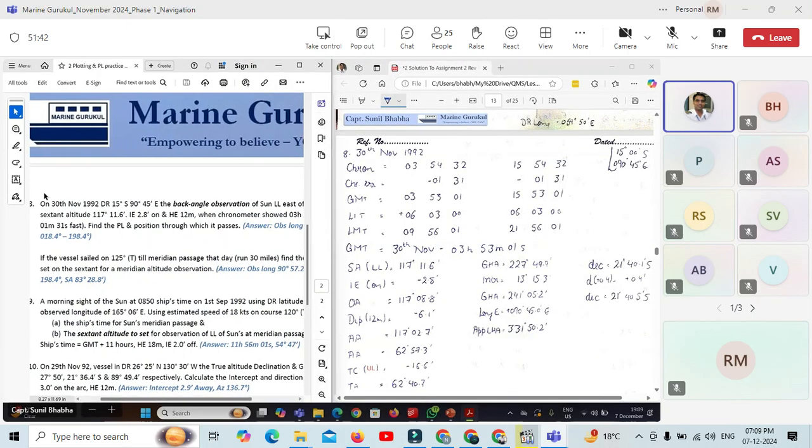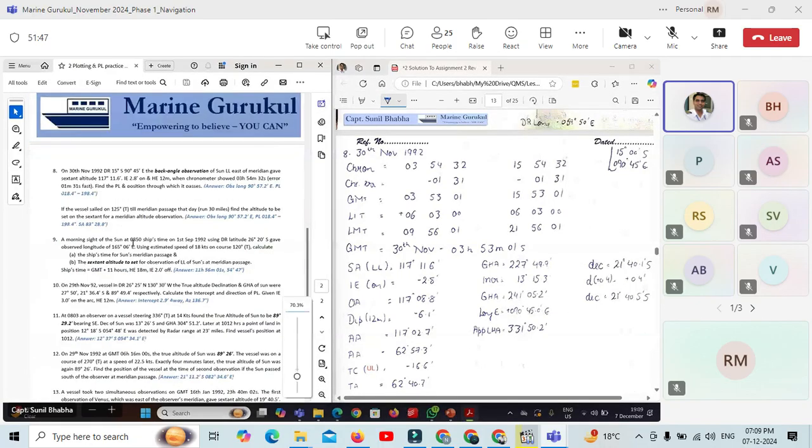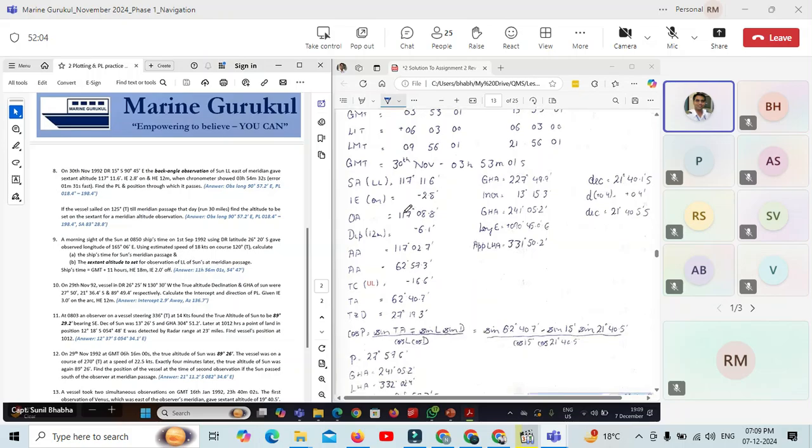Okay, let's see number 8 now, side by side. Number 8 says on 30th November 1992, the back angle observation of sun gave a sextant altitude of this much when chronometer showed this much. Find the PL and position through which it passes. Okay, so he has first corrected the altitude.